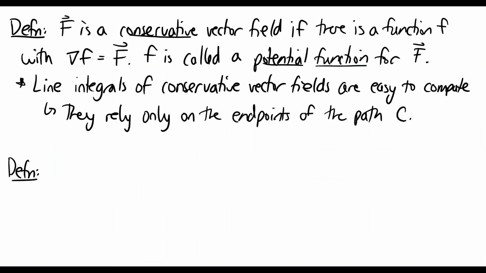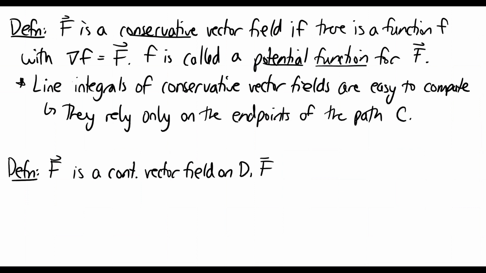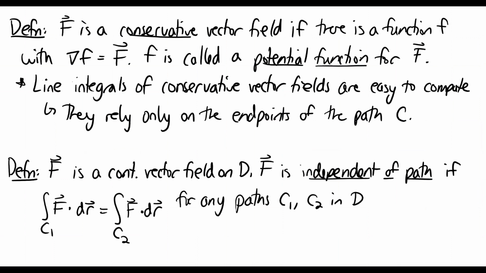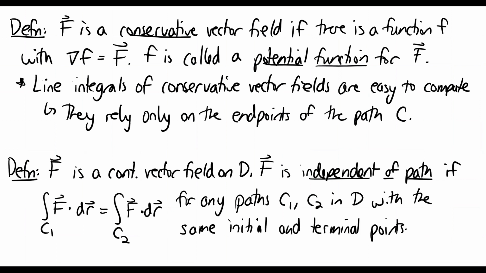We have a name for this too. If capital F is a continuous vector field with domain D, we say that F is independent of path if the line integral along C1 of F is equal to the line integral along C2 of F for any paths C1 and C2 in D with the same initial and terminal points. Thanks to the fundamental theorem of line integrals, we know that conservative vector fields are path independent.